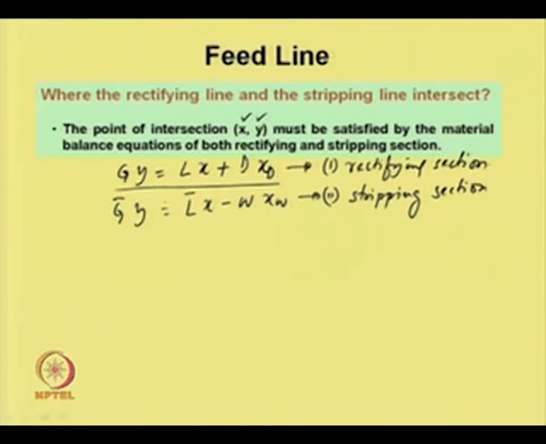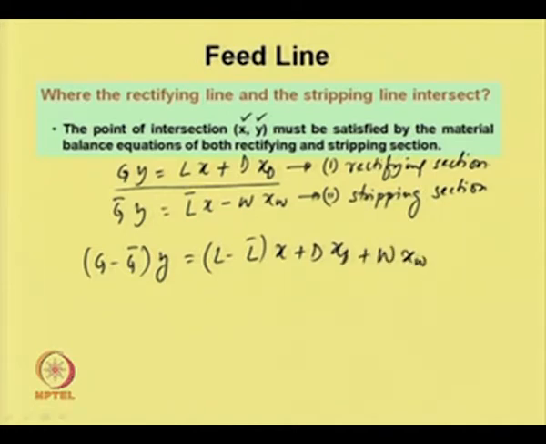So, if we subtract 1 from 2, we will get G minus G bar times y is equal to L minus L bar times x plus D xD plus W xW.